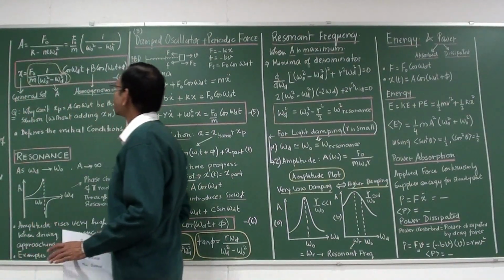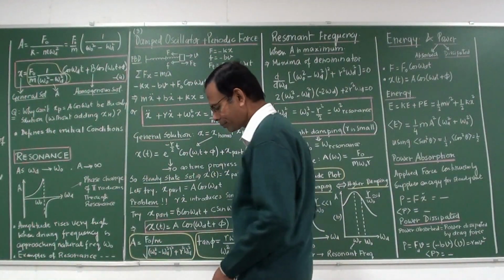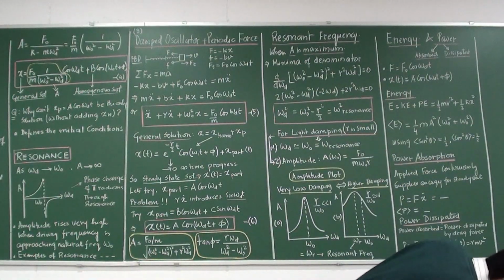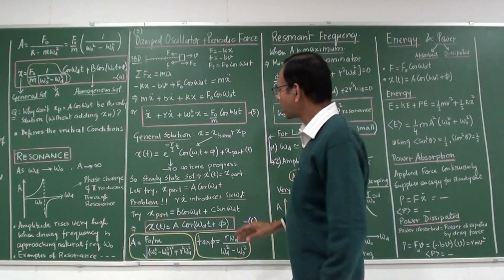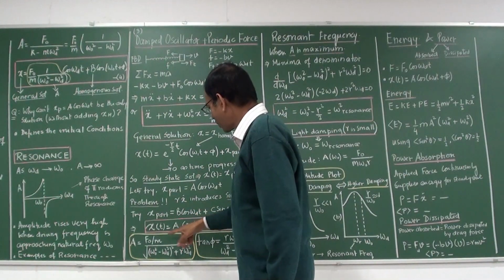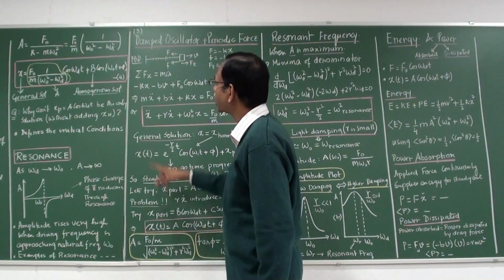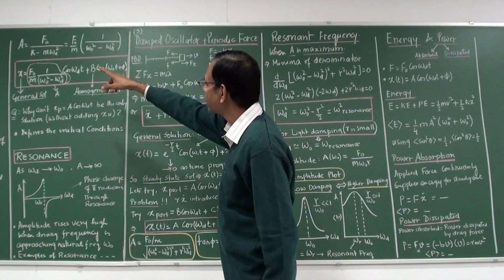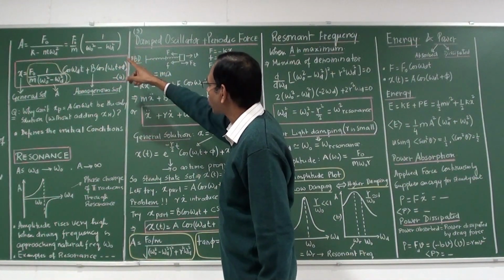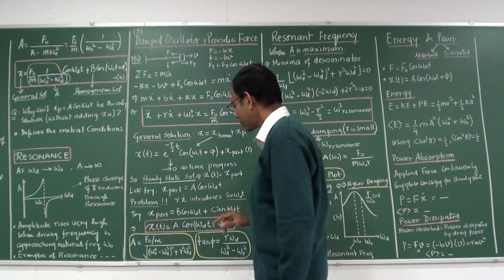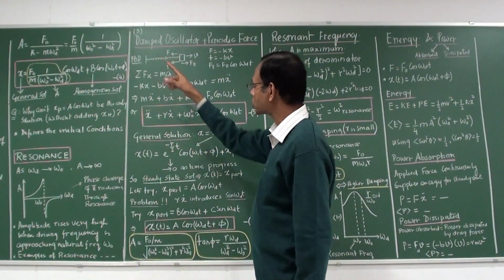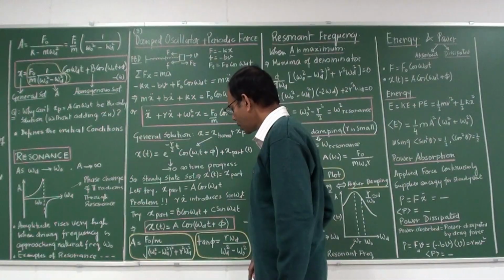Yeah, so it is that expression. As you see, if gamma is 0, you are getting back that expression, f0 by m, 1 over omega 0 square minus omega d square.